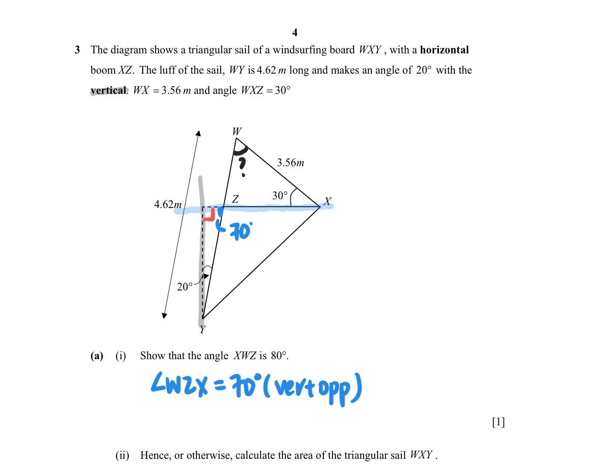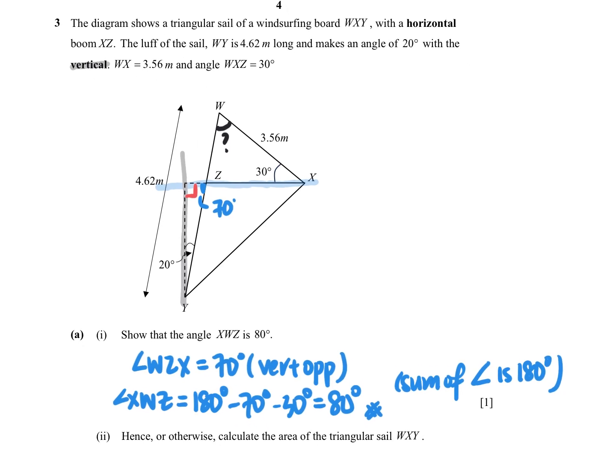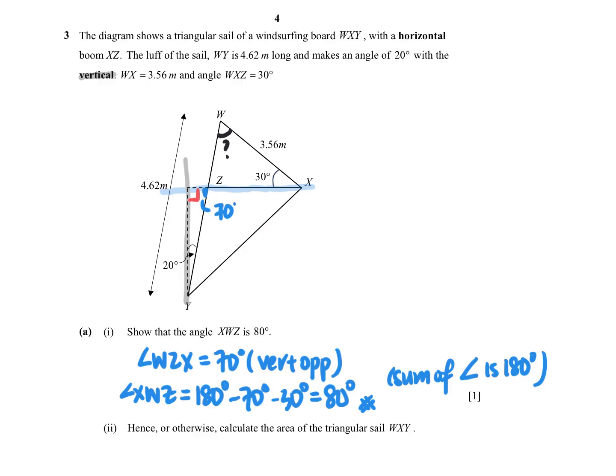So with that, you can find XWZ to be 180, take away the 70, take away the 30, which is 80. Do you have to write the reasons? No need. I write because in case they say state your reasons clearly, you must state, but this question never say. So this one is 80.